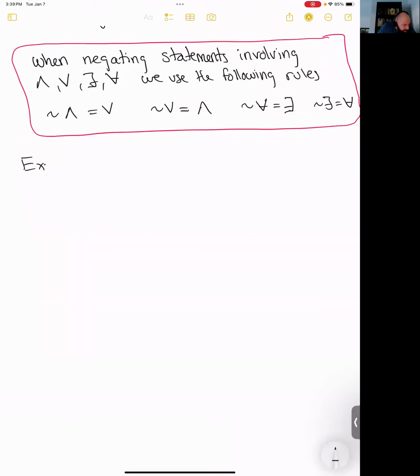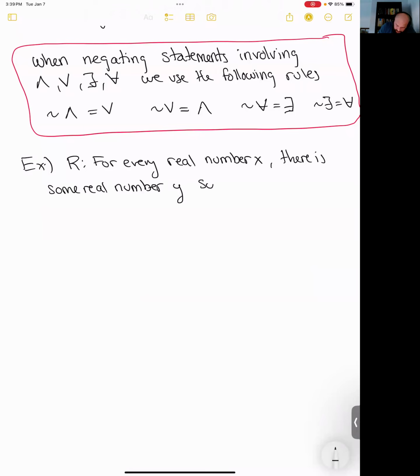So for example, let's say that R is the statement that for every real number x, there is some real number y such that y cubed is equal to x.